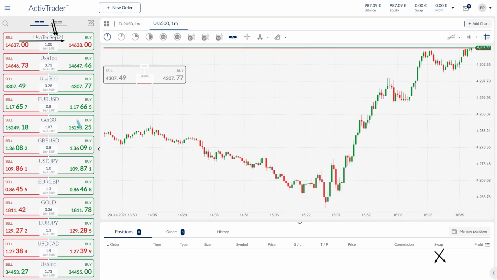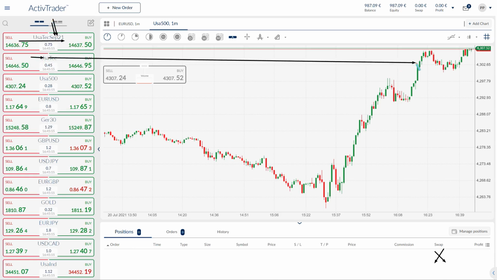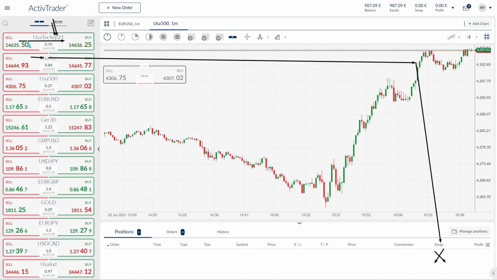Whereas the cash assets will be paid daily rollovers at the levels you know and that you have in the contract details. That will be paid daily, and these never expire.